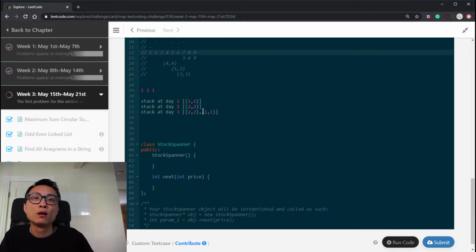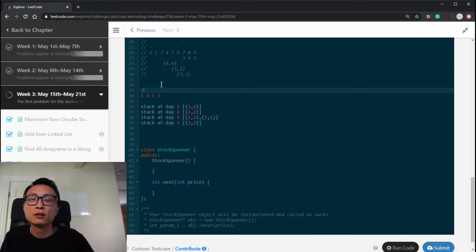Just for the sake of demonstration, let's say that on day 4 we have a price of 3. We're going to look at the previous current span values. It's 1 with the price 1. So the first thing we can do is, of course, expand this span here. Let's draw a picture there.